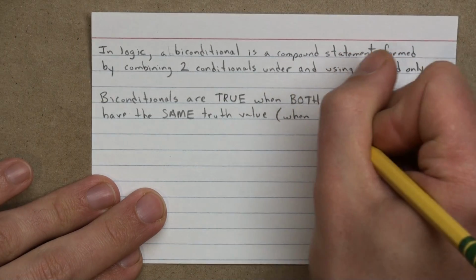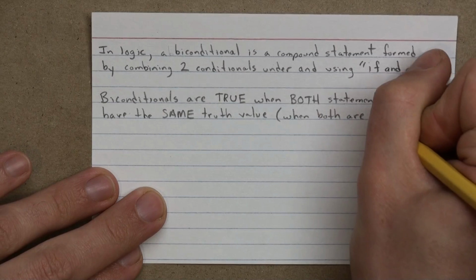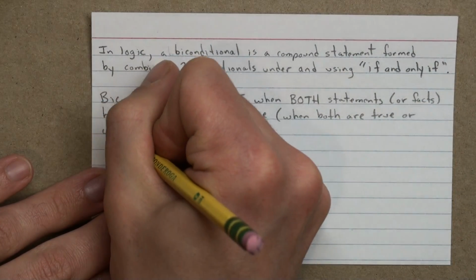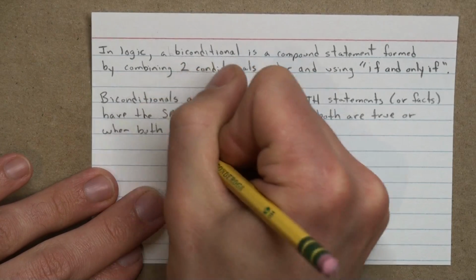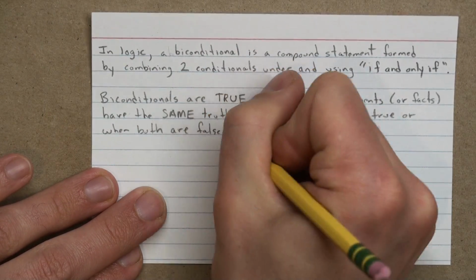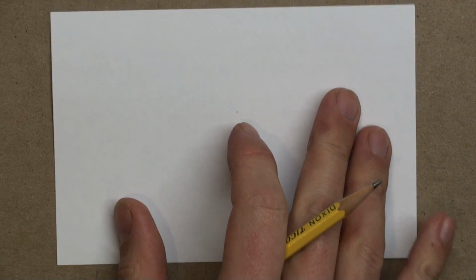In parentheses put when both are true or when both are false. Let's see what that looks like.